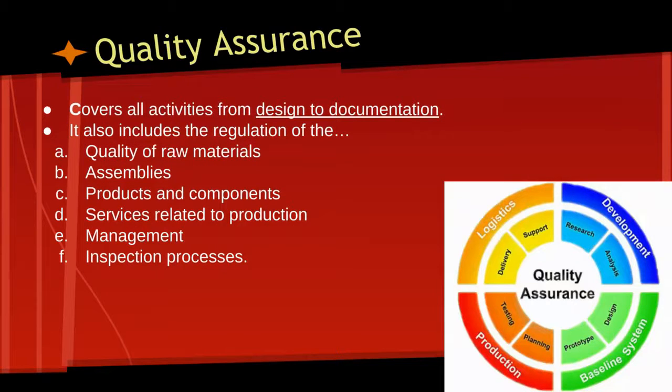Quality assurance covers all activities from design to documentation. It also includes the regulation of the quality of the raw materials, the assemblies, the products and components, the services related to production, of management, and of the inspection process.